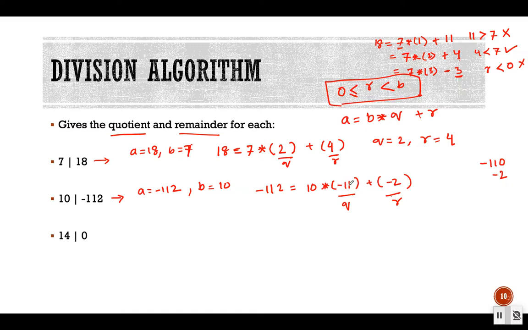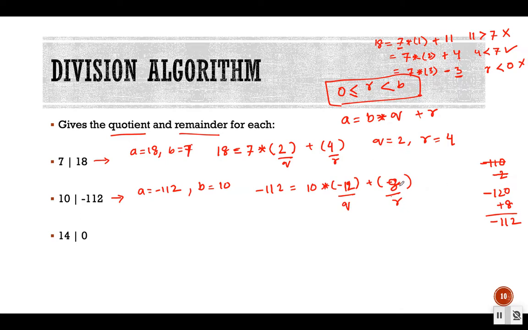So I have to go one step lower: minus 120 plus 8 gives me minus 112.